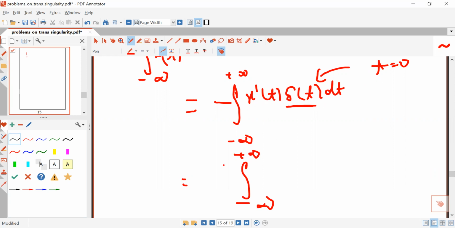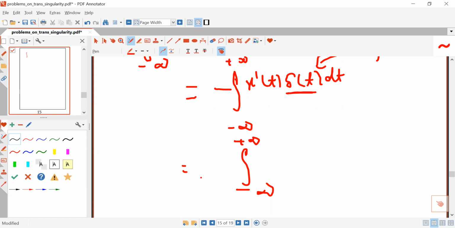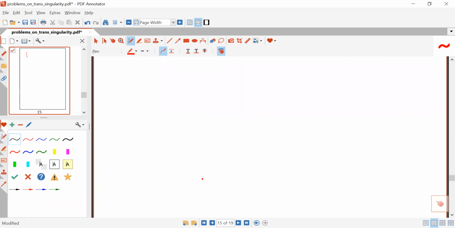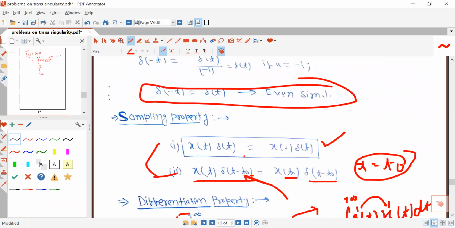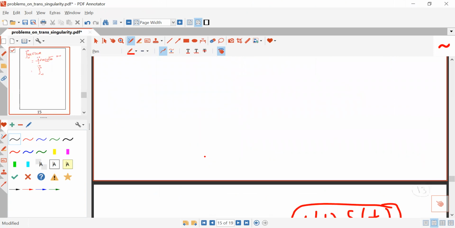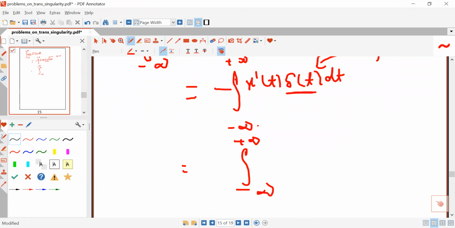So by the use of the same sampling property which I have discussed here, this product can be written as minus of x dash naught delta t. I am using the sampling property here.